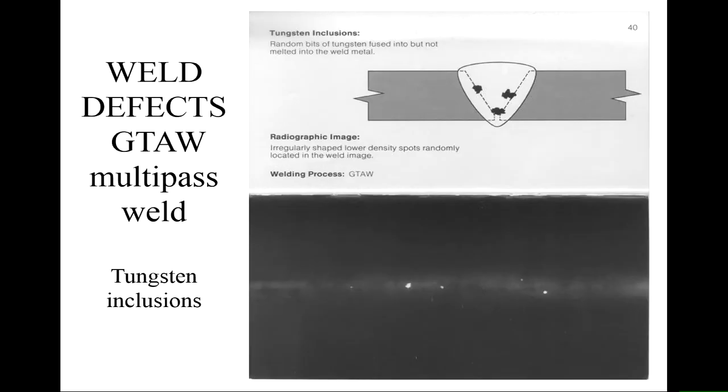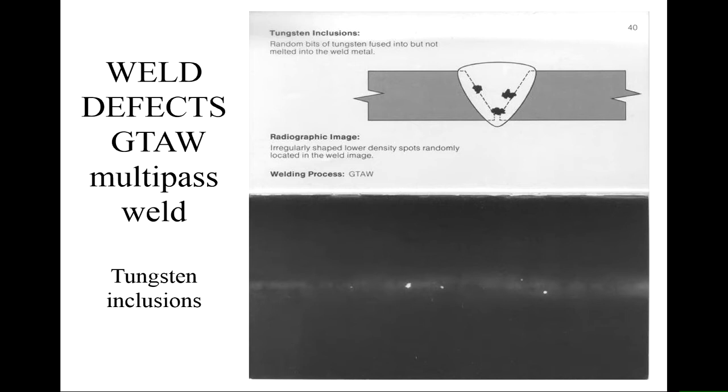How is it possible to have tungsten inclusions in this? Obviously we're using a tungsten electrode because it's gas tungsten arc welding. But this is not supposed to happen. So again, it's poor welding technique. Tungsten is a rather brittle metal because it crystallizes in a hexagonal symmetry similar to graphite.